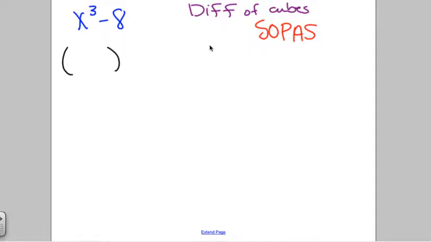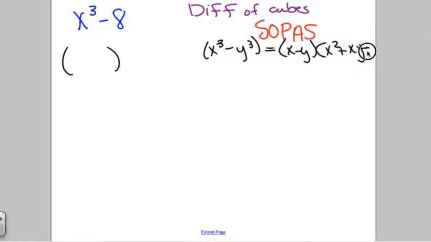This is if I have x cubed minus y cubed, this is going to be x minus y times x squared plus xy plus y squared.